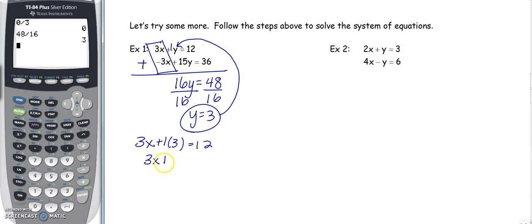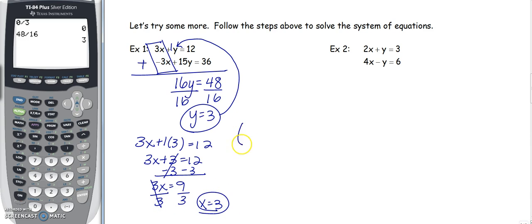We have 3x plus 3 is equal to 12. And we're just going to solve. To get x alone, we have to subtract 3 from both sides. We have 3x is equal to 9. When we divide by 3, we get x equals 3. So our answer will be 3, 3.